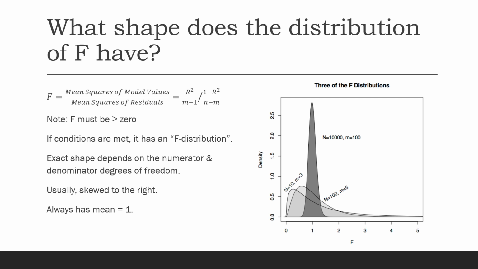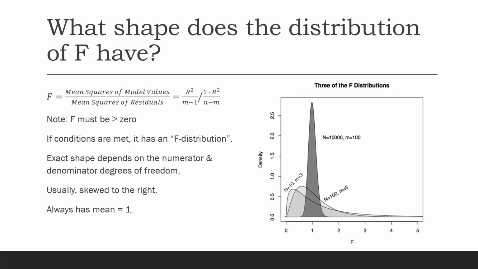So it's always going to have to be greater than 0, and generally it's going to be more than 0. If the conditions are met, there are certain conditions, then instead of using a permutation test to simulate the distribution, I could use a probability distribution called the F distribution to get the p-value. And I'll talk about those conditions in a second.